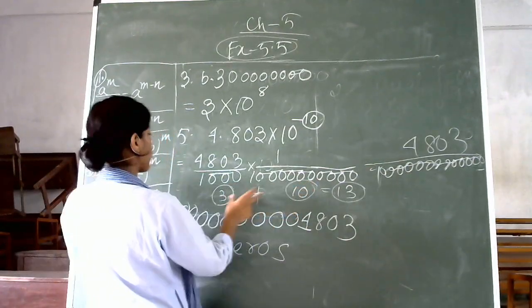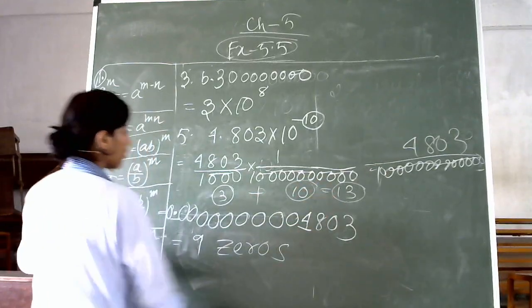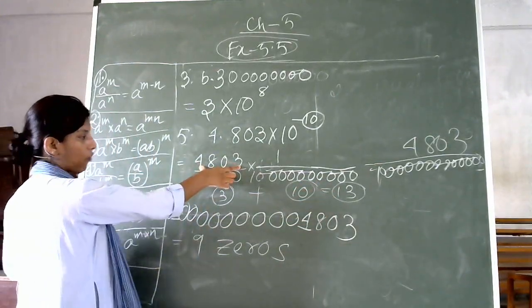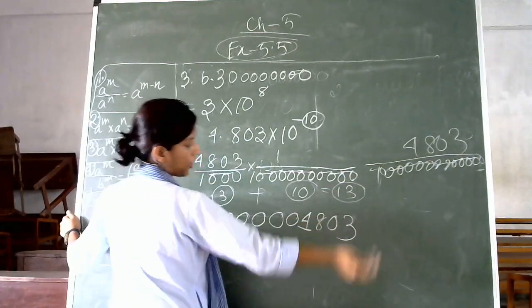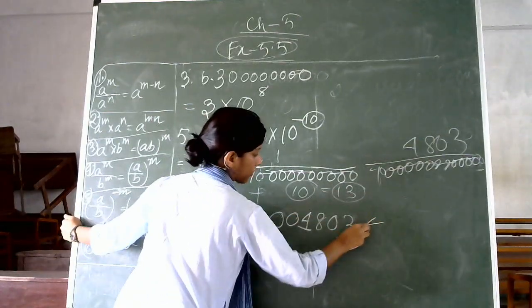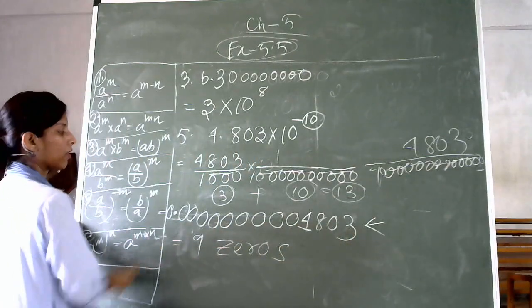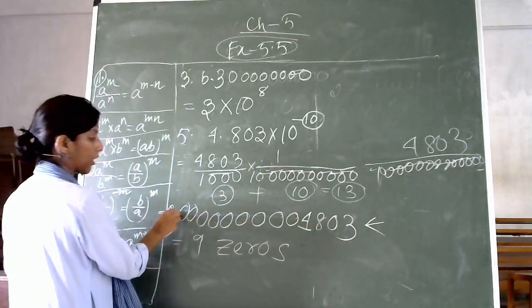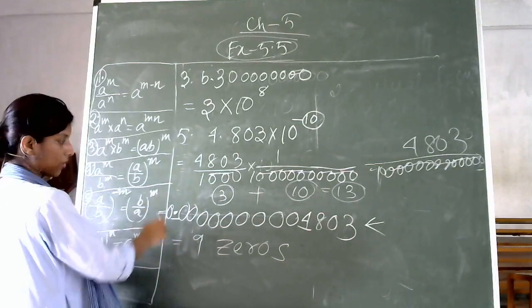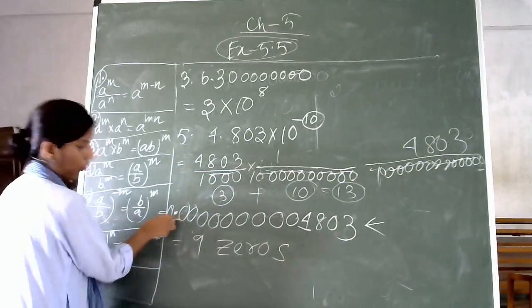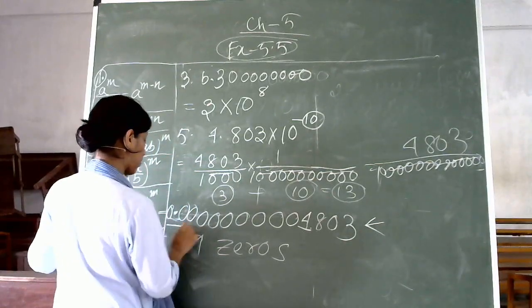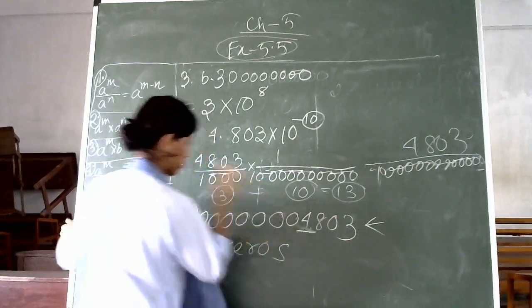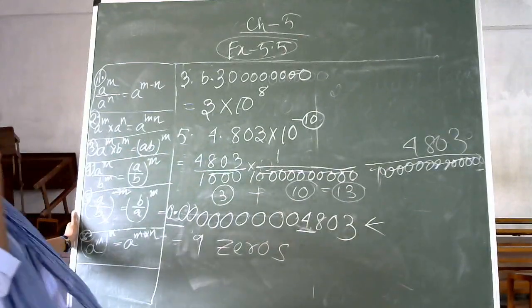So if you combine together, it will be 13 digits. And the number is 4803. So you write 4803 and then count 13 digits from the right-hand side towards your left. Here I have put a point before the 13th digit. If you count between this point and this digit 4, they are asking how many zeros there are. If you count, you will find 9 zeros.